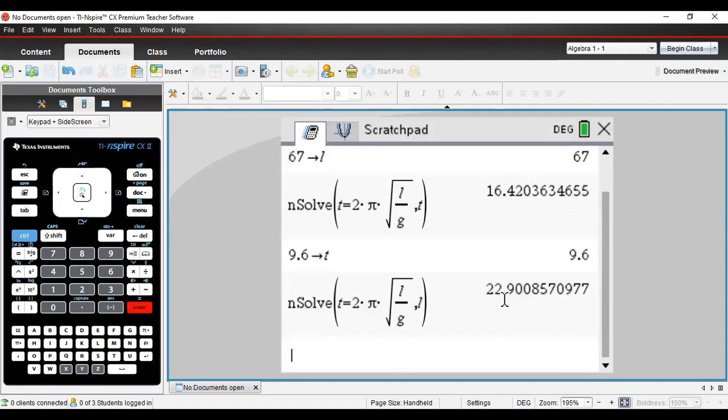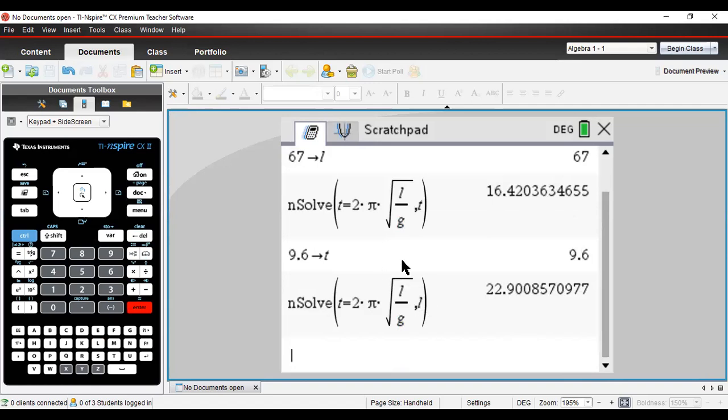And it says 22.9. We're supposed to round it to the nearest tenth of a meter, so it's going to be 22.9. So the length of the pendulum was 22.9 meters. That's our answer.